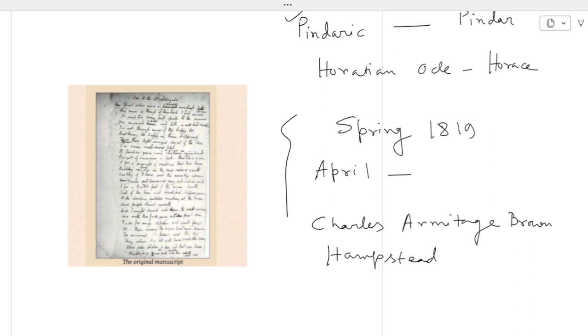Charles Brown has a house in Hampstead, Wentworth Place, and there John Keats had come. A few months earlier, Keats had lost his brother Tom, so he was already grief-stricken. Though his own illness was not so serious at that time, his physical and mental health was not so well.